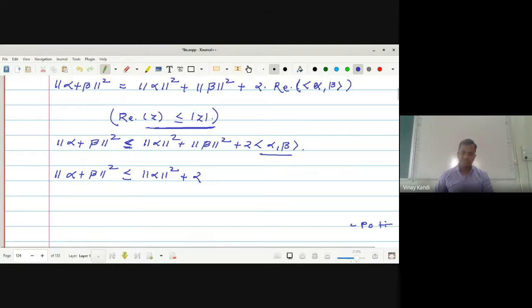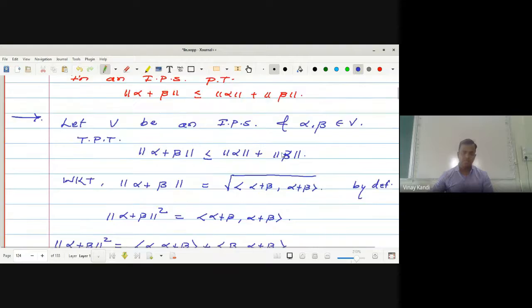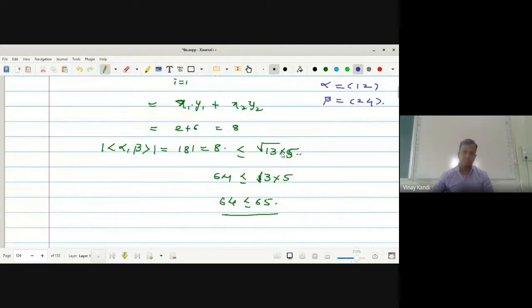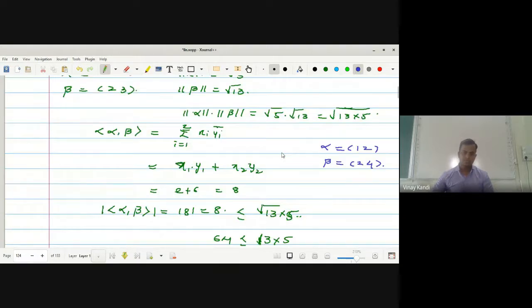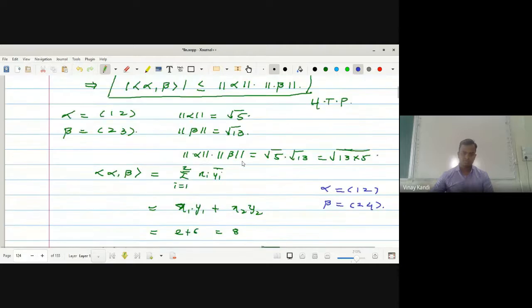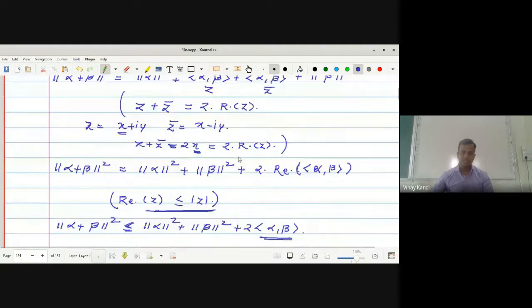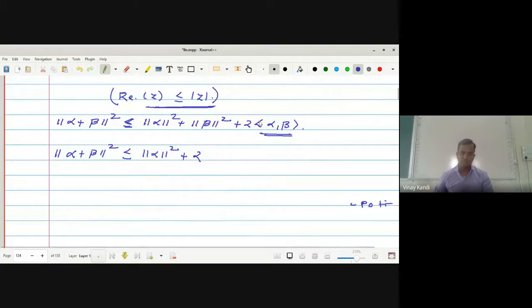What is the value of this one? By the theorem, it comes in mod, mod z, that is mod of inner product of alpha beta. By this Schwarz's inequality we have 2 times norm alpha into norm beta.